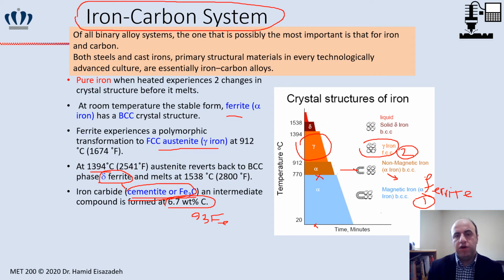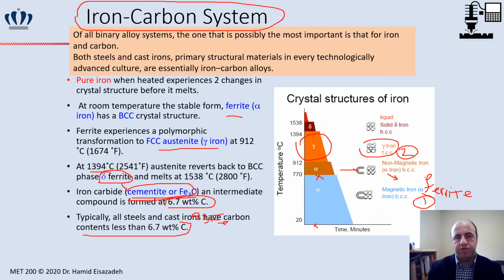Cementite is a very hard material. Typically all the steels we focus on in industry, and cast irons, have a carbon content less than this amount. If you have a carbon content more than this, it's not useful in industry, in engineering applications.